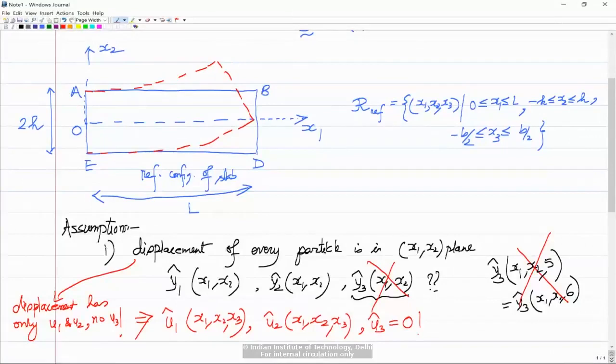And I guess Meenal is writing here that this also implies that y3 hat is then simply equal to x3, right? Because u3 hat is 0, so y3 hat is x3 plus u3 hat. So y3 hat is equal to x3.